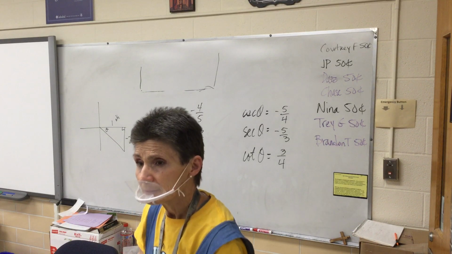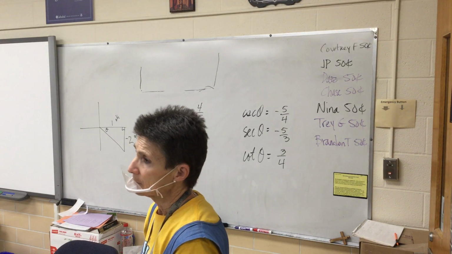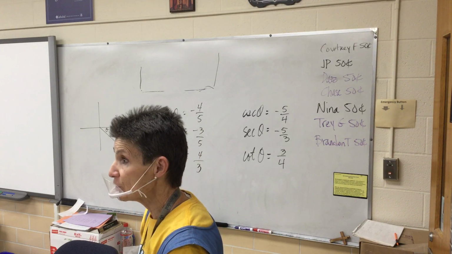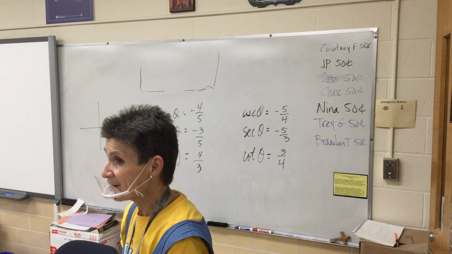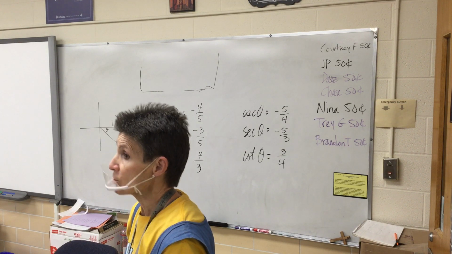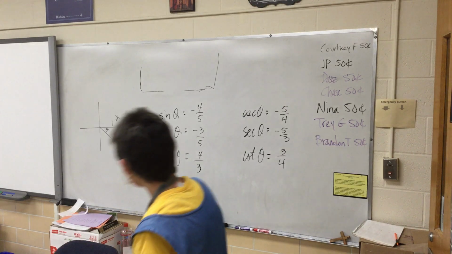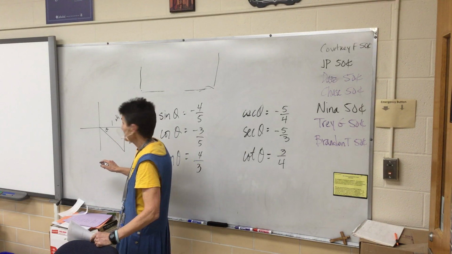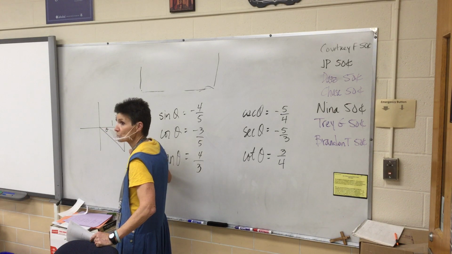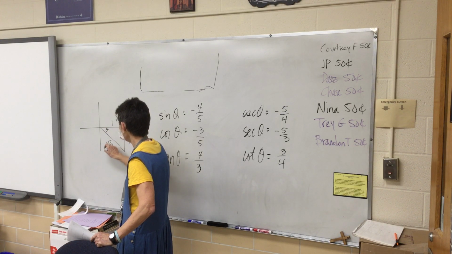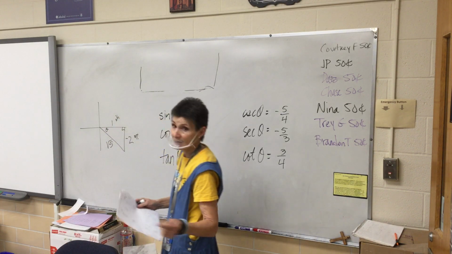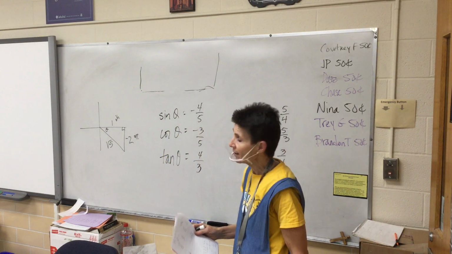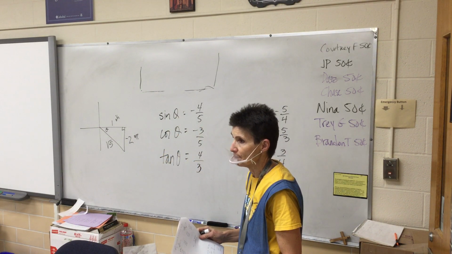Square root of 5, very good. When you do the Pythagorean theorem, you are squaring, so there are no negatives in your Pythagorean theorem. It's 1 squared plus 2 squared, so this is the square root of 5. When you square, the negative's gone.